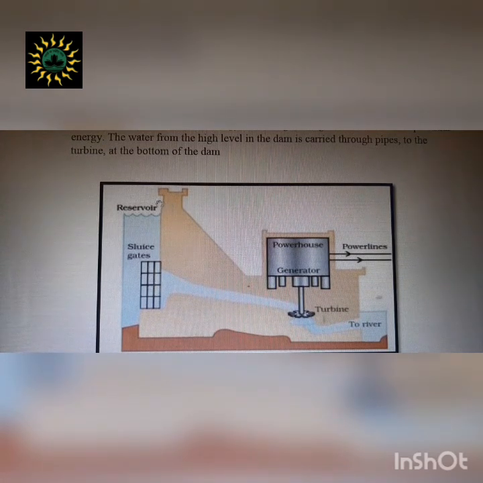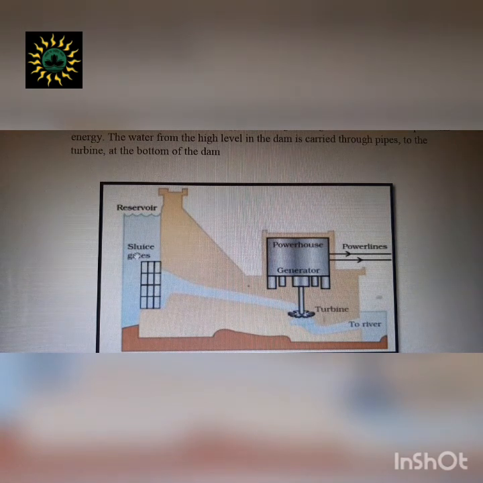So if you construct a dam, in the behind of the dam water is collected because of the rain. Now if water is collected, after a certain time its level rises.